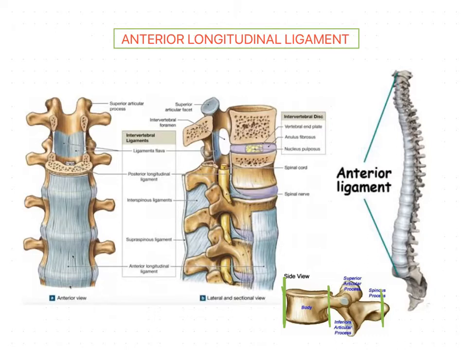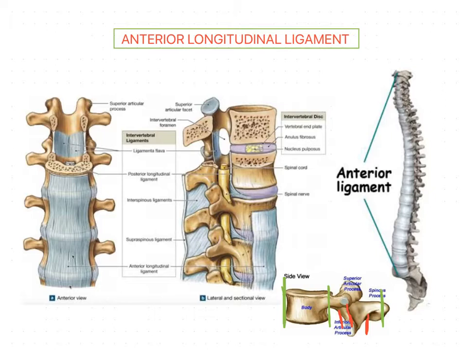The other three ligaments, present in the intrasegmental system, are the interspinous ligaments, the ligamentum flavum, and the intertransverse ligaments. Out of these six ligaments, in this session we are going to discuss the anterior longitudinal ligament in detail.